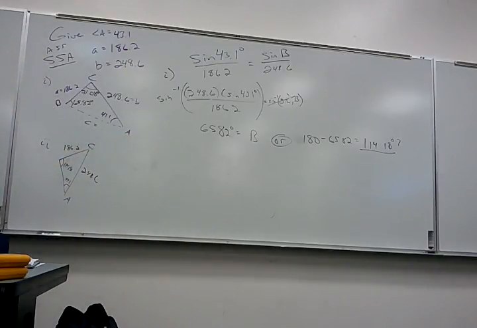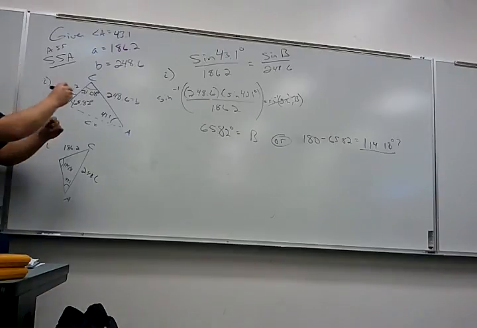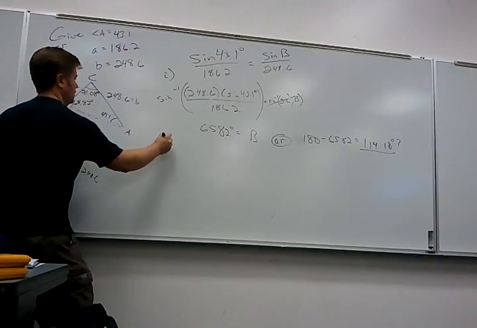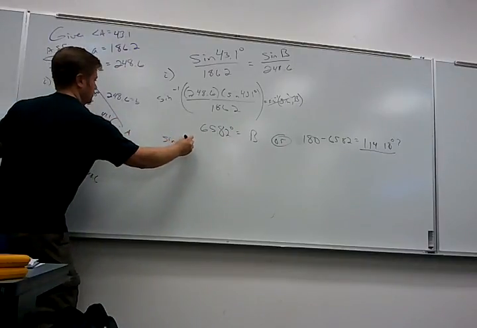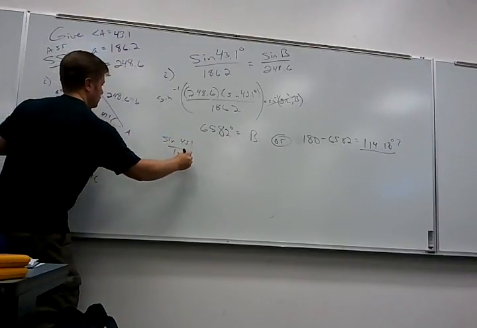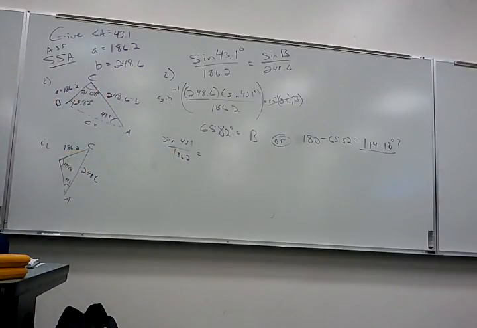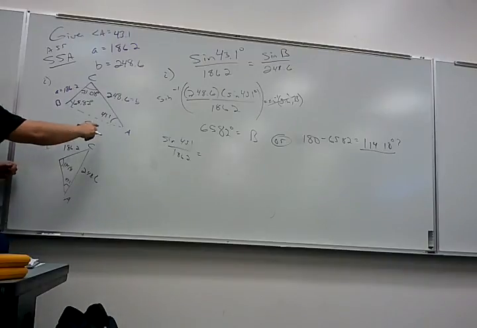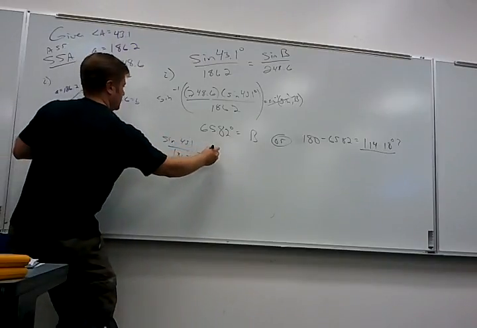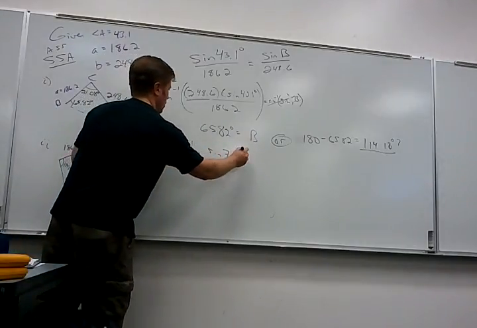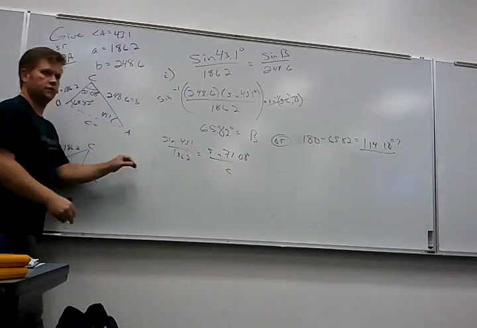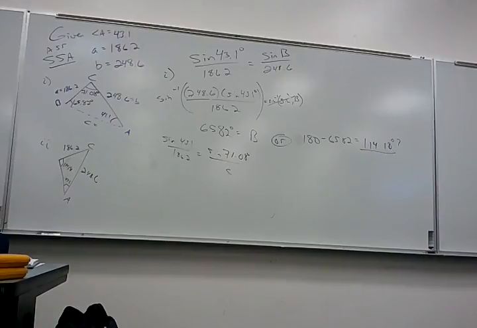It's not a right triangle, so I have to use law of sines. Again, I use the 43.1 over sine 86.2, my known ratio that I definitely know is right because it was given to me, equals sine of 71.08 divided by little c, and then solve for little c.